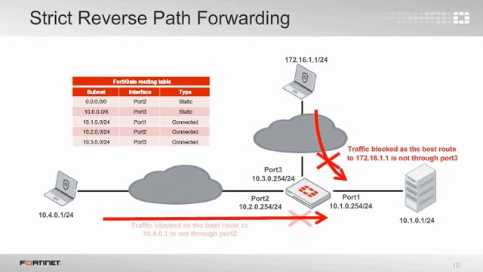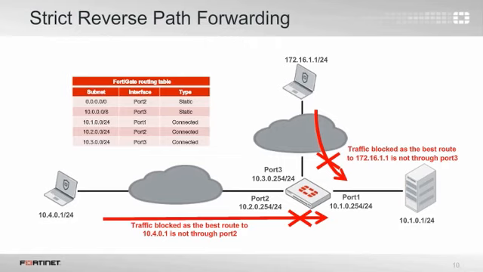In strict mode, FortiGate checks that the best route to the source IP address is through the incoming interface. The route not only has to be active, as in the case of loose mode, but it also has to be the best. If you use the same example, but change FortiGate from loose mode to strict mode, you will get the following results.